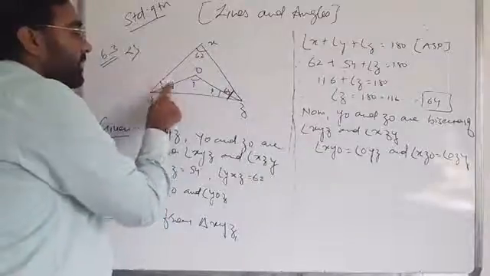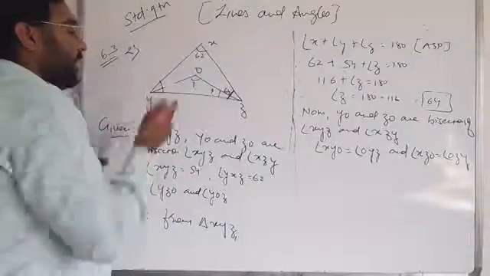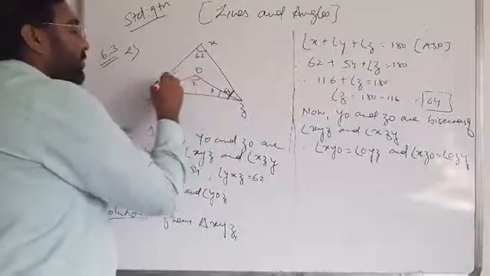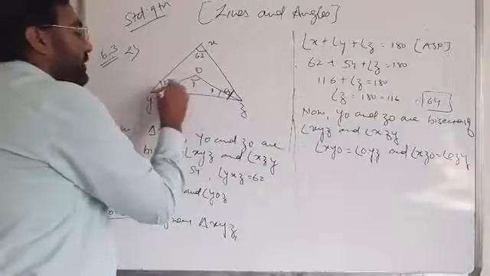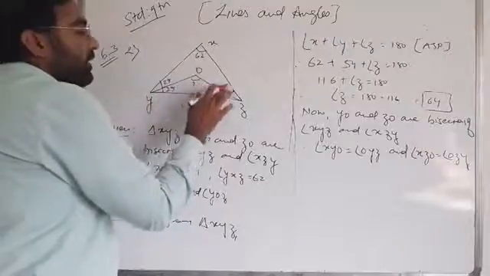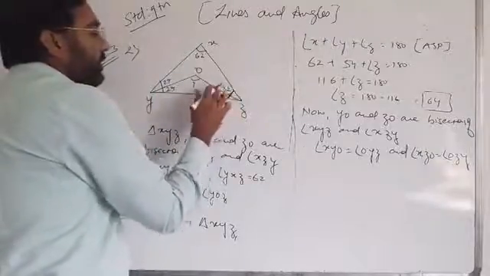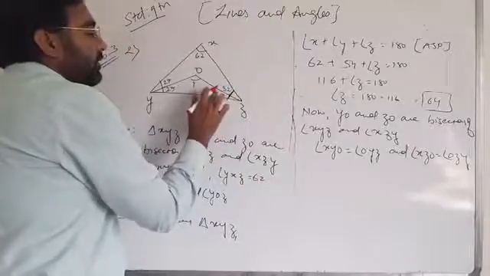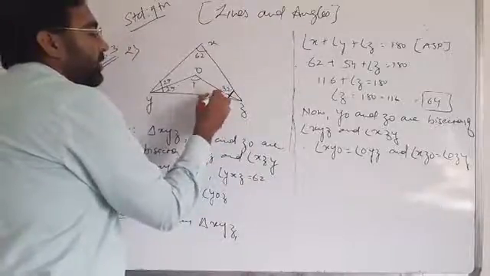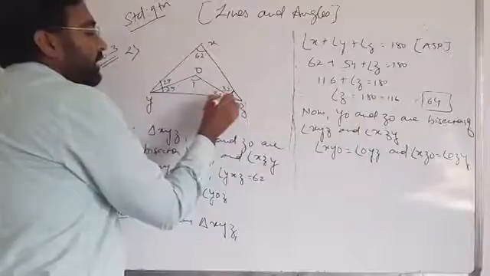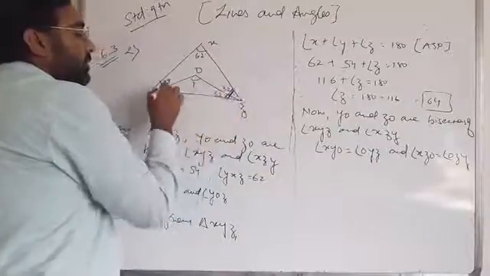The whole angle Y is given as 54 degrees, so I'll write it in two equal parts, 27 and 27. And this 64 degrees I'll write in two equal parts, 32 and 32. This angle is 32 and this angle is also 32.